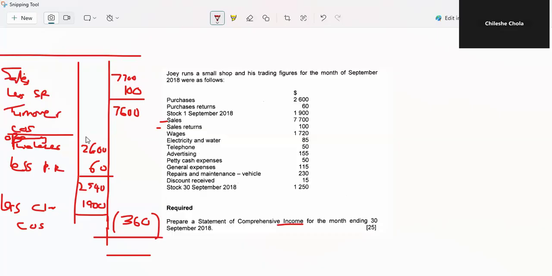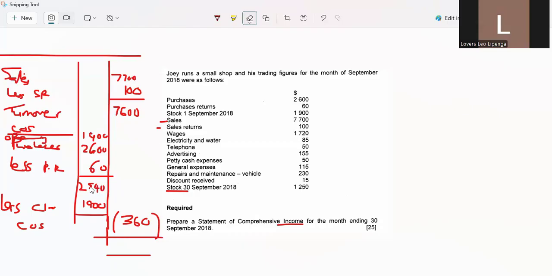I think you have made a mistake here. There's stock down there indicating 30th September 2018. That was the opening stock, so this was supposed to be closing stock. Yes, so 1,100 was opening stock. So we have made a mistake. We add this and subtract that.